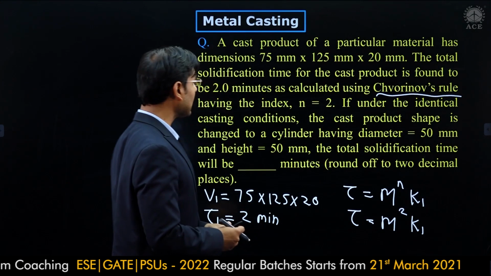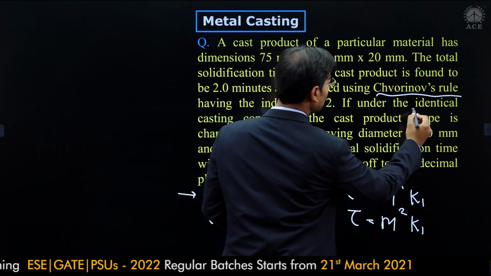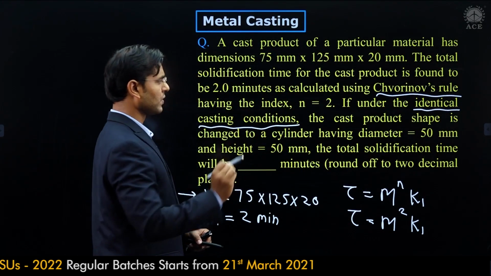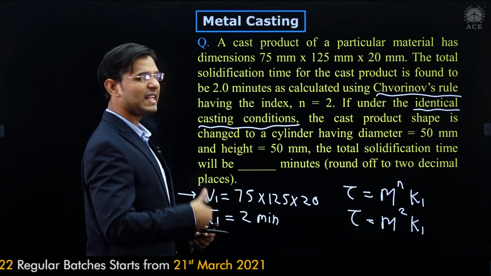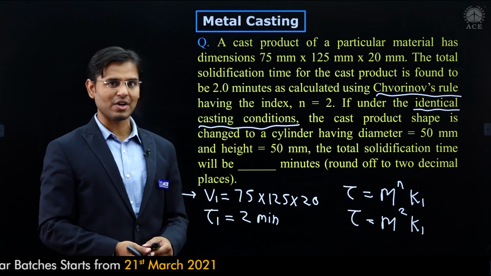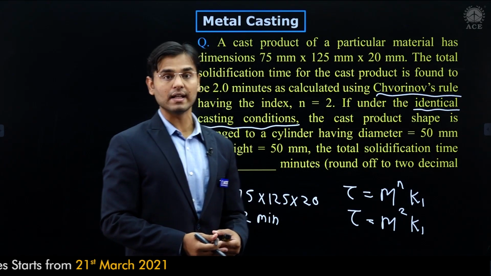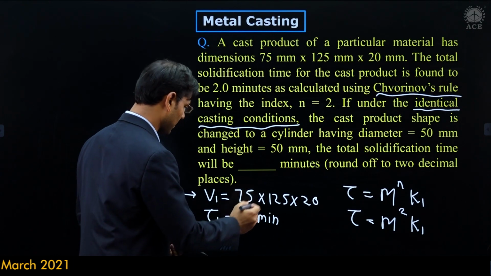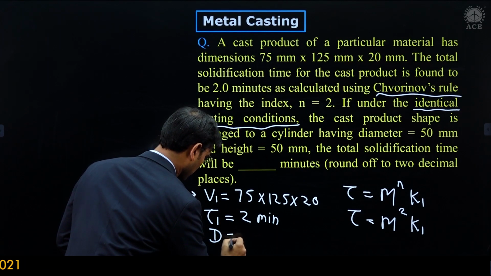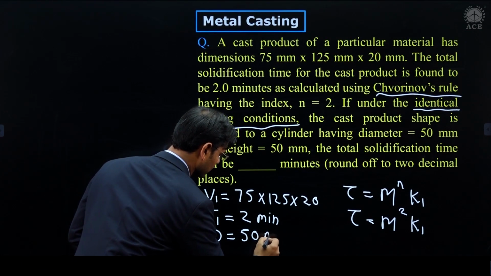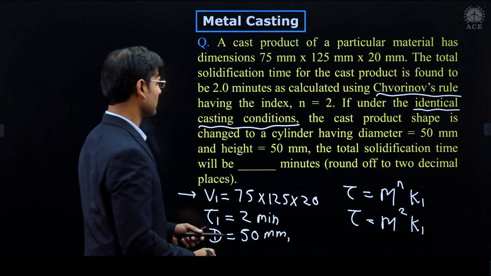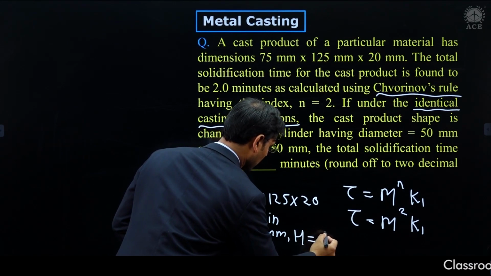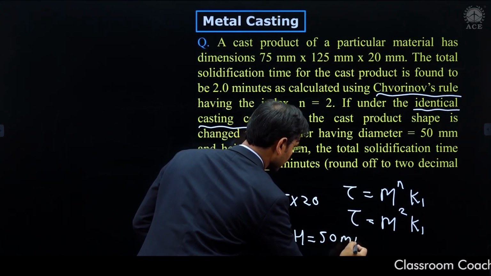If under identical casting conditions the cast product shape is changed to a cylinder, as you saw, the second diagram is of a cylinder. It changed to a cylinder having diameter 50 millimeter and height 50 millimeter. Both diameter and height are 50 millimeter.